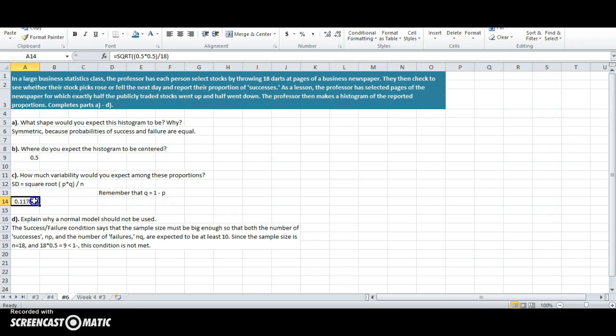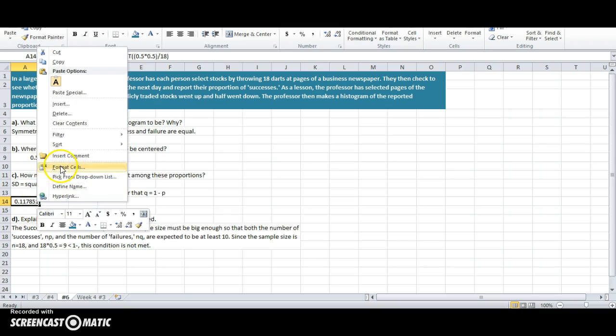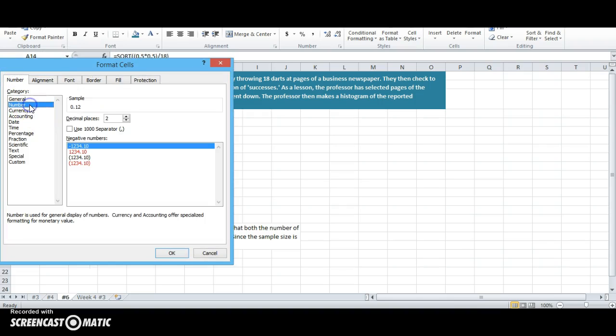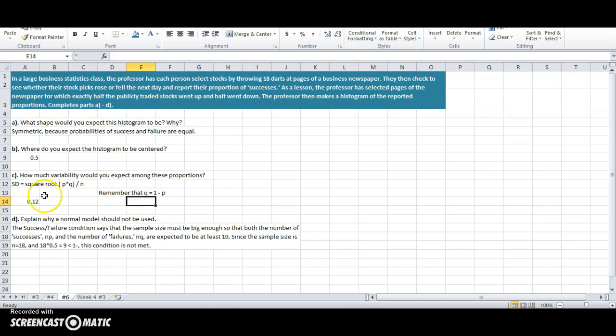So for the equation we've entered, you can see the square root of 0.5 times 0.5 divided by 18, and that's where we get 0.117851. If you know how to do this in Excel, you can go to Format and trim this down to 0.12, which is a little easier to digest. 0.12 is the standard deviation.